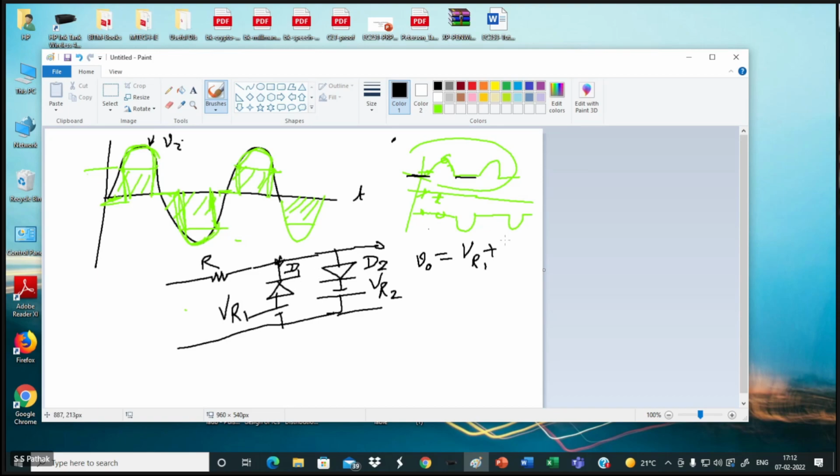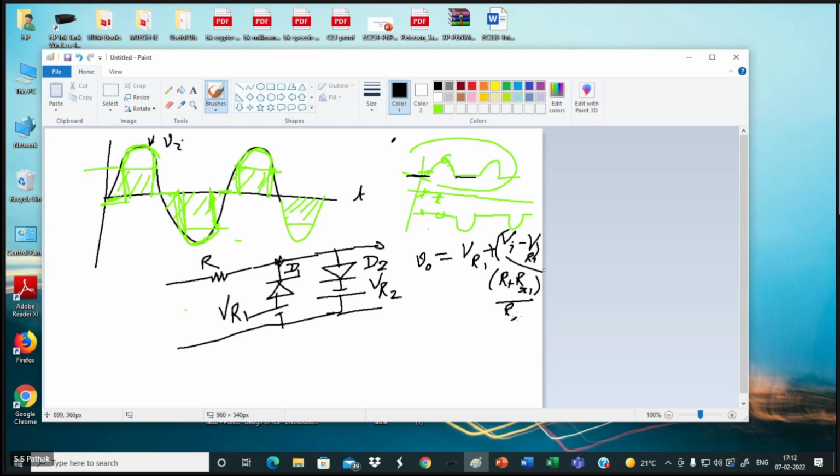Okay, VR1 plus (Vi minus VR1) divided by (R plus RR1), and in the numerator it will be once again multiplied by RR1. So I am putting a division here, RR1.